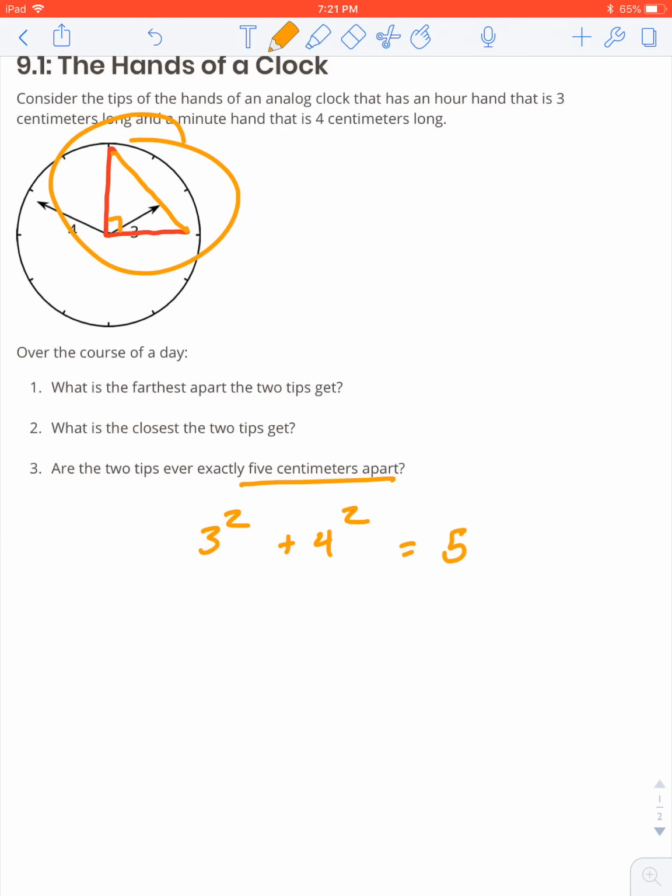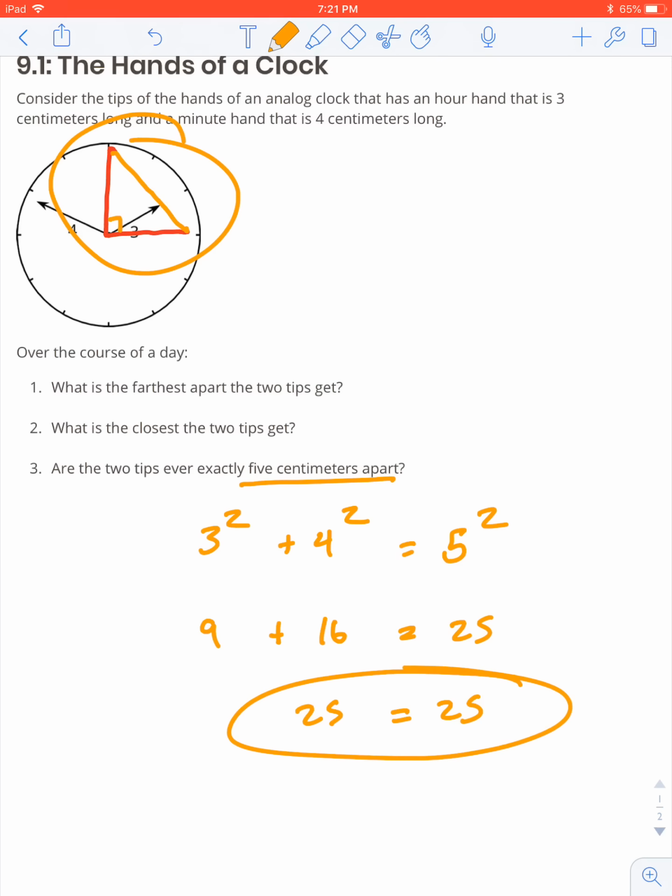Well, we'll check if the third side is 5 centimeters. So then we have 9 plus 16 equals 25. Does 9 plus 16 equal 25? Yes, it does. So is there ever a time where the 2 tips are 5 centimeters apart? Yes. Any time that the hour hand and the minute hand form a 90-degree angle is when the 2 are going to be exactly 5 centimeters apart.